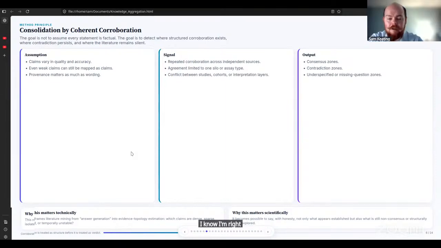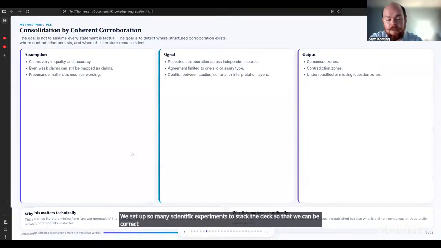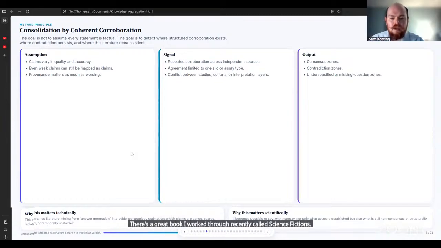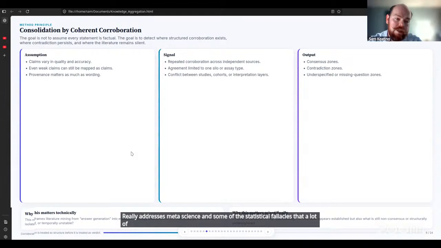And a lot of that stems from, in science, we learn from meta-science. We set up so many scientific experiments to stack the deck so that we can be correct and validate what we're setting out to look for. So much of what we try to evaluate is a biased validation effort from the get-go. There's a great book I worked through recently called Science Fictions that really addresses meta-science and some of the statistical fallacies that a lot of scientists are guilty of.